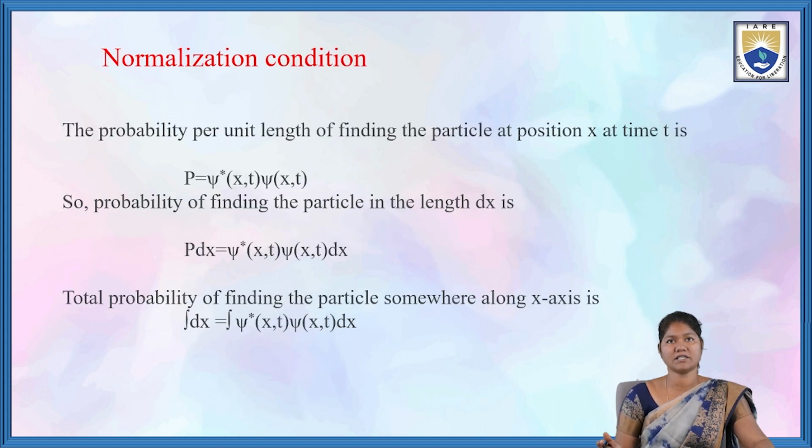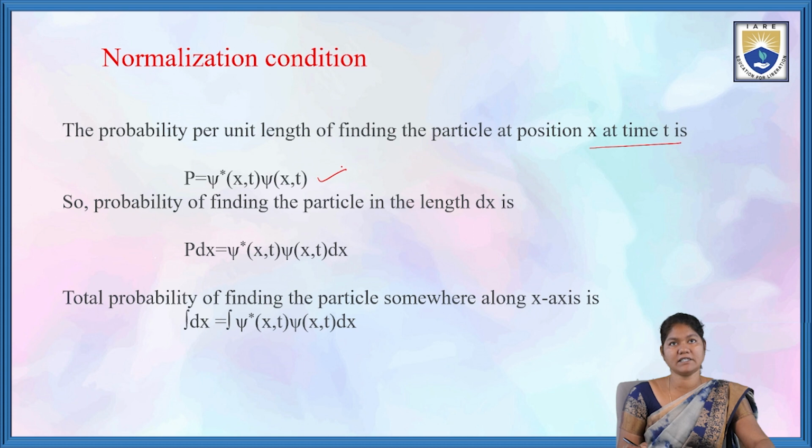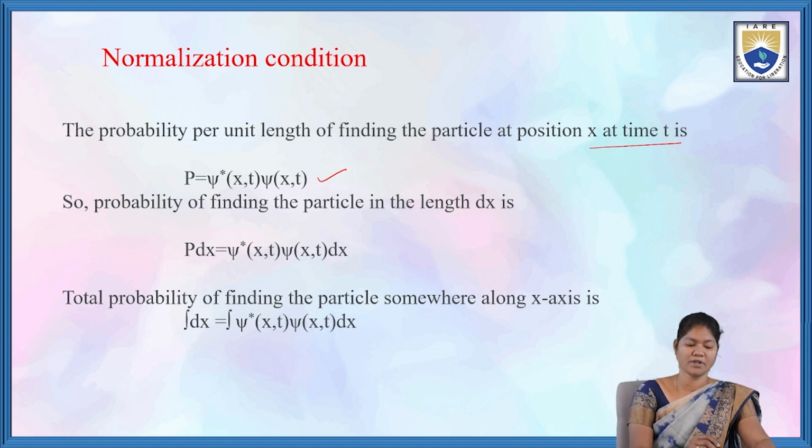Now the normalization condition. The probability per unit length of finding the particle at position x at time t is P equal to ψ*(x, t) into ψ(x, t). The probability of finding the particle in length dx is P dx, equal to ψ*(x, t) ψ(x, t) dx.